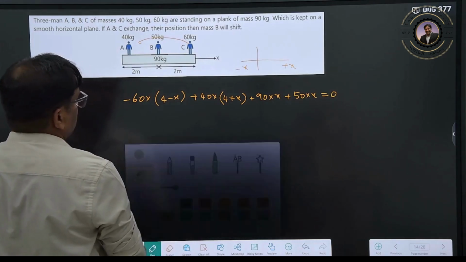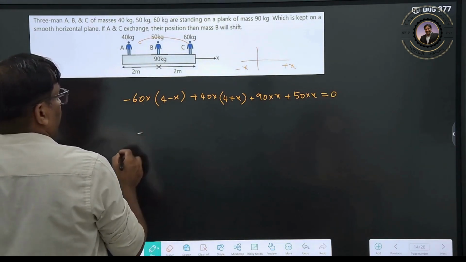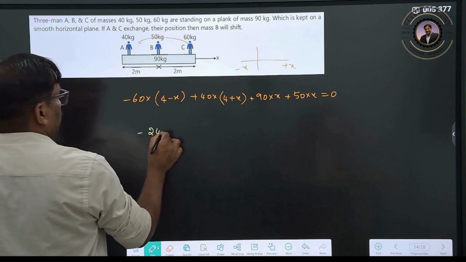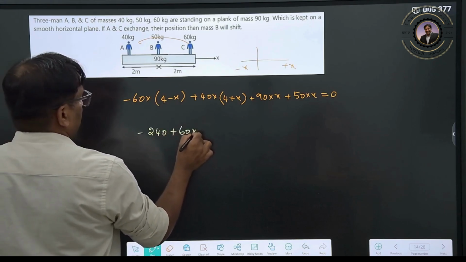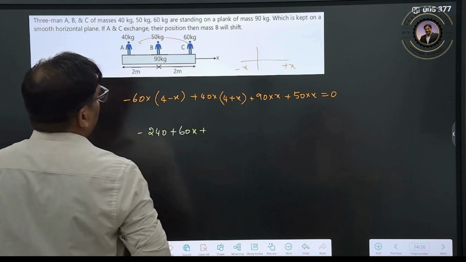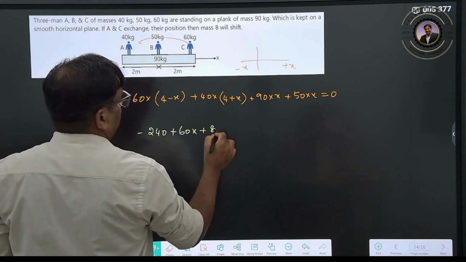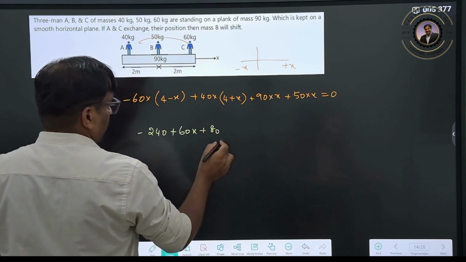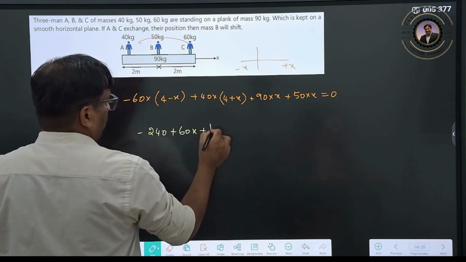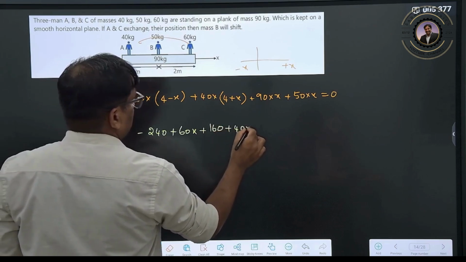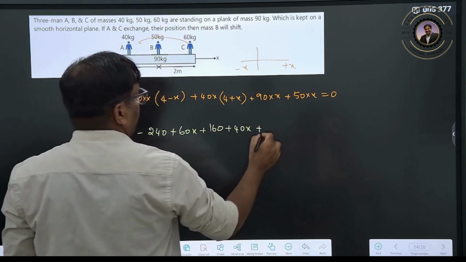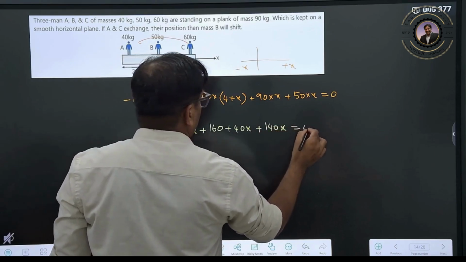Now you can solve this one, no? Therefore very easily. Therefore 24 minus 240 plus 60x plus 160 plus 40x plus 90x, therefore 140x is equal to 0.